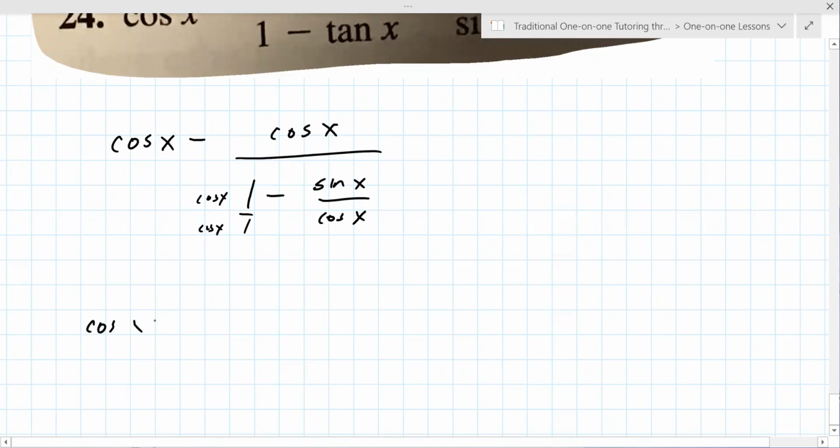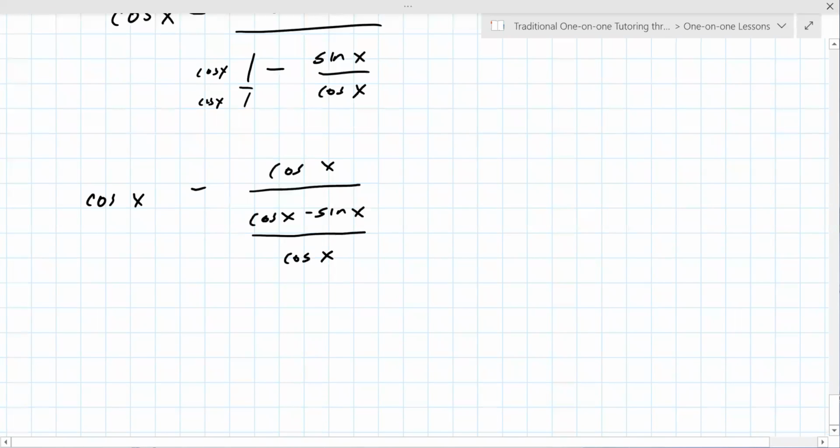So it's cosine x minus sine x over cosine x. Okay. It didn't get better, but we're moving in a direction. So this thing on the right here, you flip it because you're dividing, so you end up getting cosine squared x over cosine x minus sine x. Okay. And you get a cosine x over here.